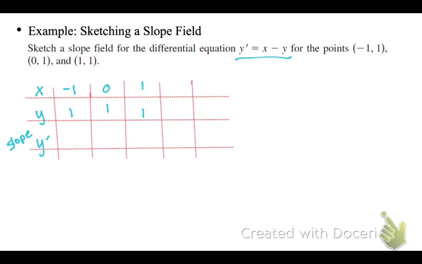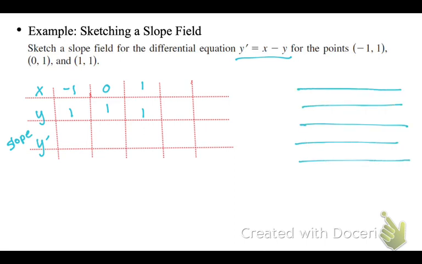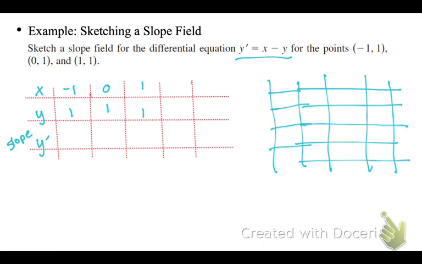Now, when I've constructed them in the past, the book always does one like this. I honestly do this instead. On the top, I put my x's, and then I put my y's.